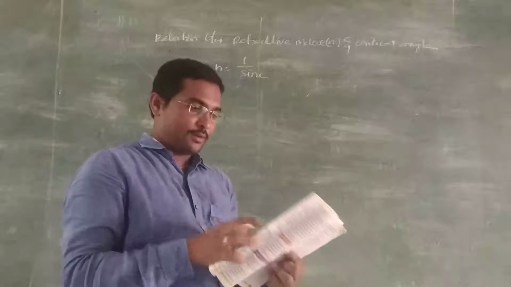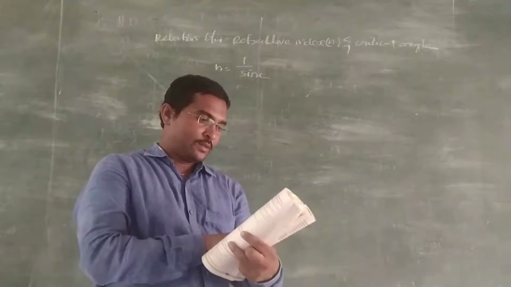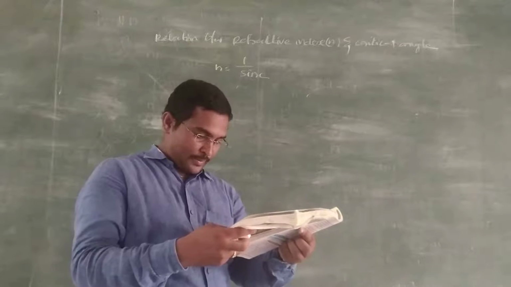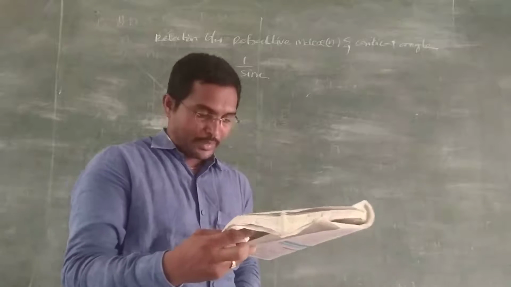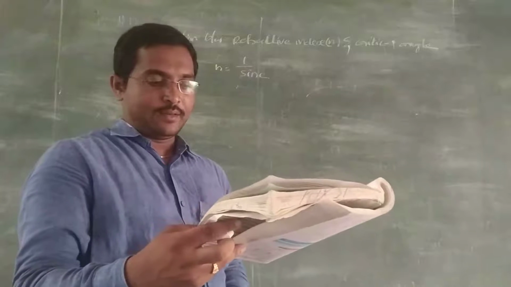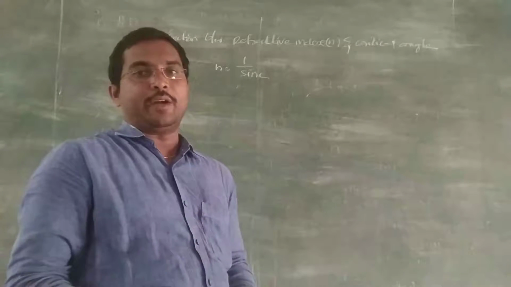See, in the textbook, a few problems are given. The first problem is the fifth problem: determine the refractive index of benzene if the critical angle is 45.